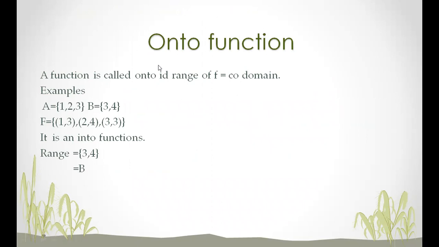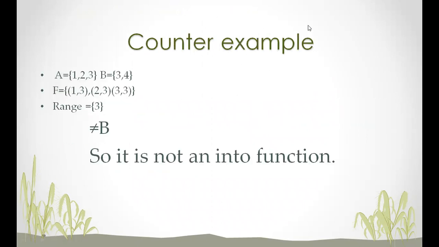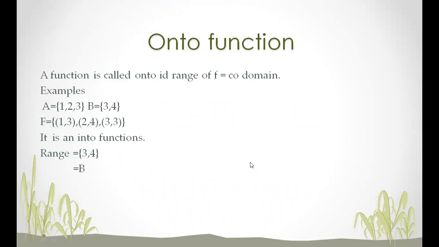Now we see the definition of onto functions. In onto functions we see four terms: domain, range, codomain, and image.